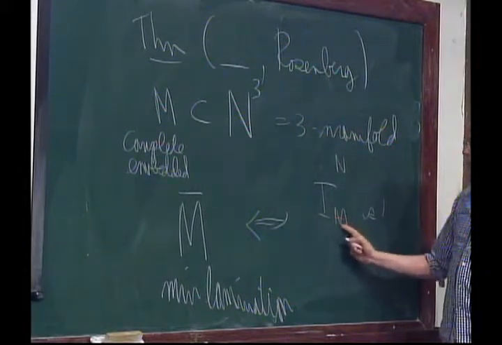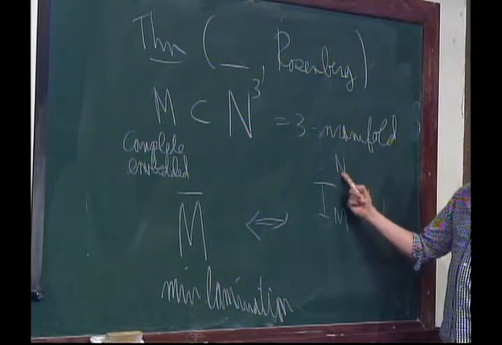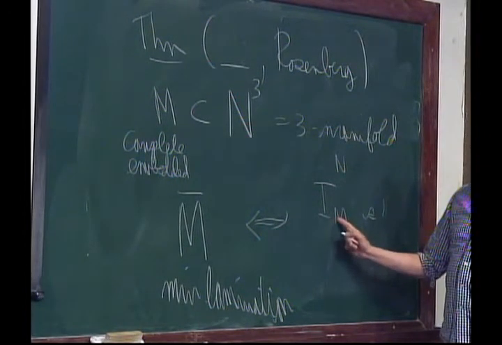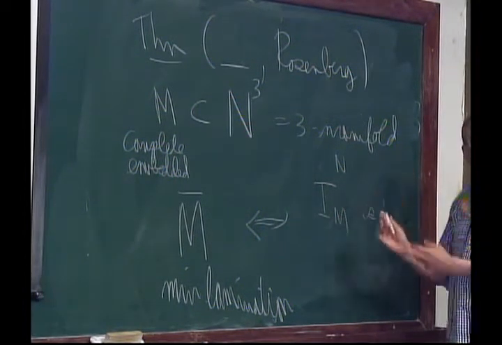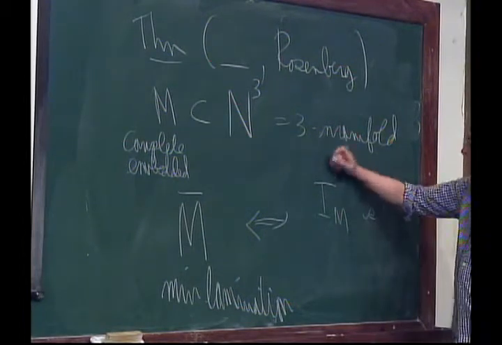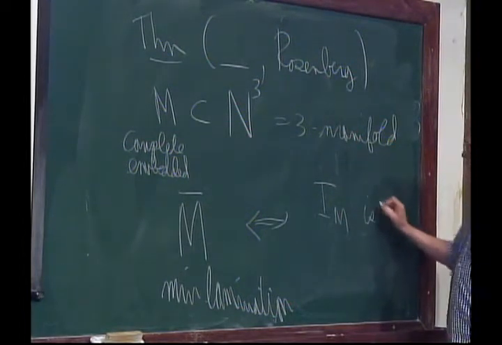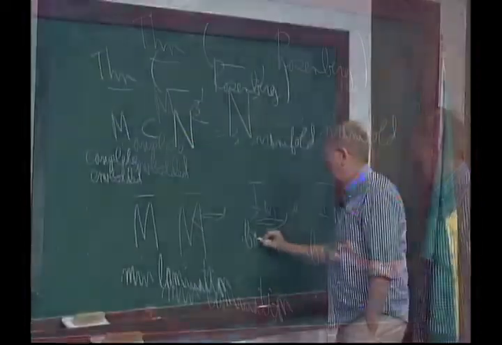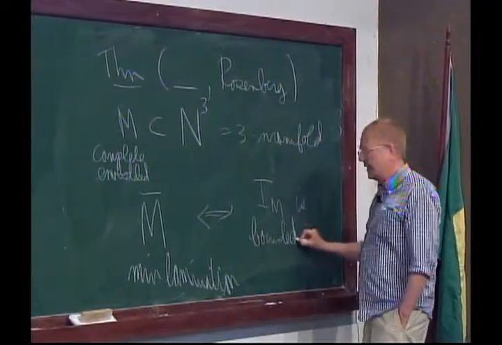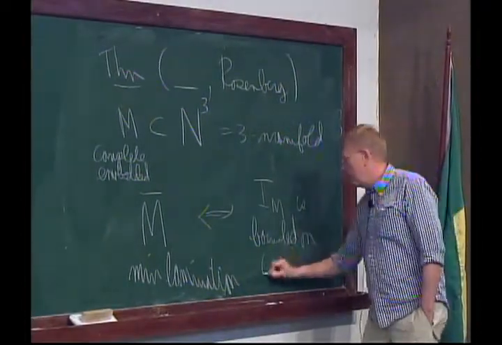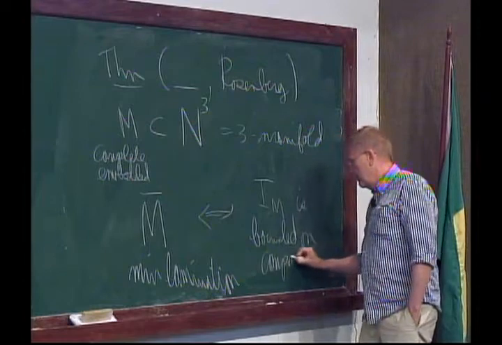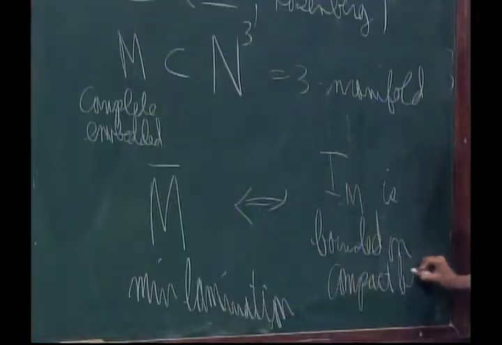So you take an open set or a compact set in N, you can look at this function in that domain in the manifold. So we want this to be bounded in the ambient space on compact balls. It's just a local property, so you can make the balls small if you want.